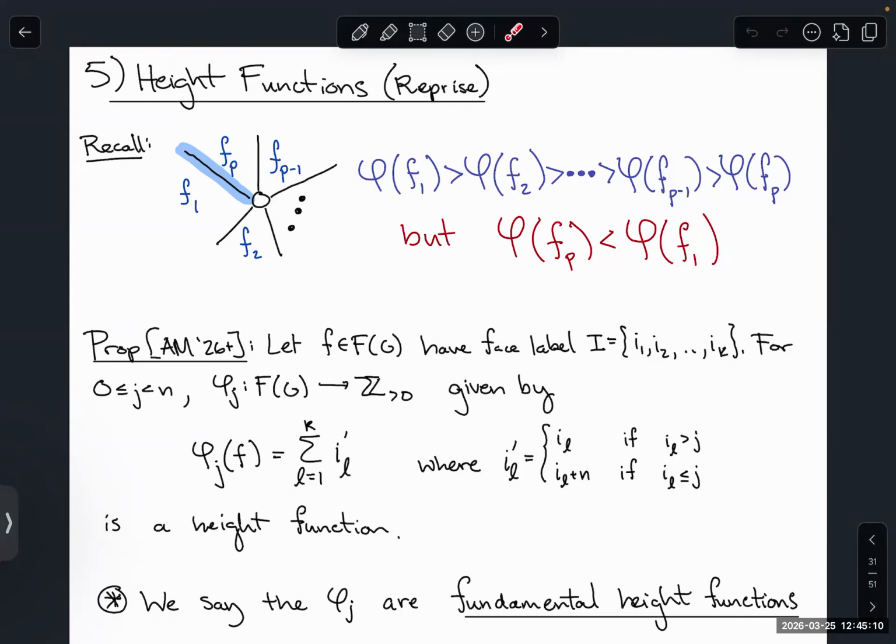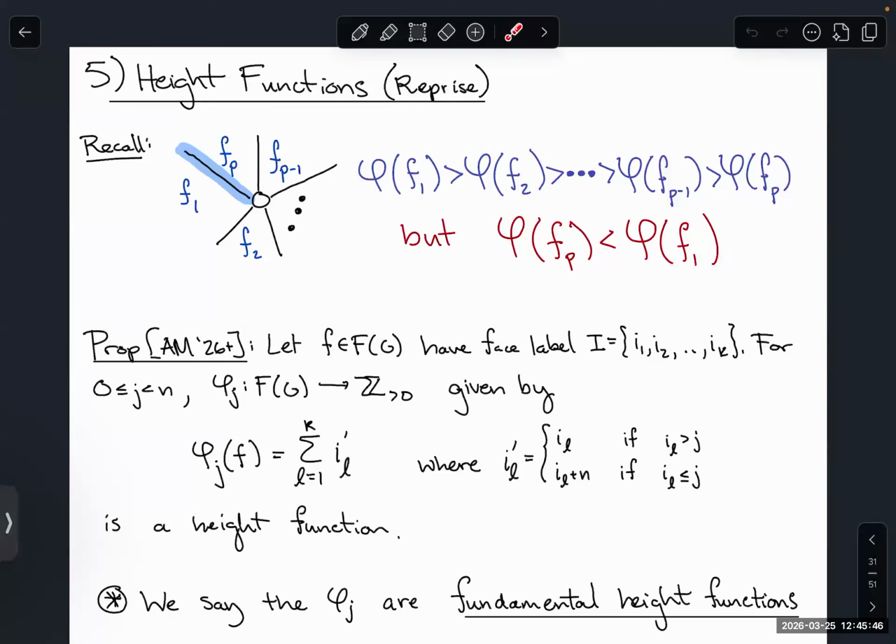The family of fundamental height functions that we want to define, which we write as phi j, where j ranges from 0 to n minus 1, we define on faces to be the sum of face labels with respect to shifting this cyclic order that we talked about at the beginning. For example, if I consider just phi 0, it's easiest to start there. If I take phi 0 on a face f, I'm really summing the face label entries of f.